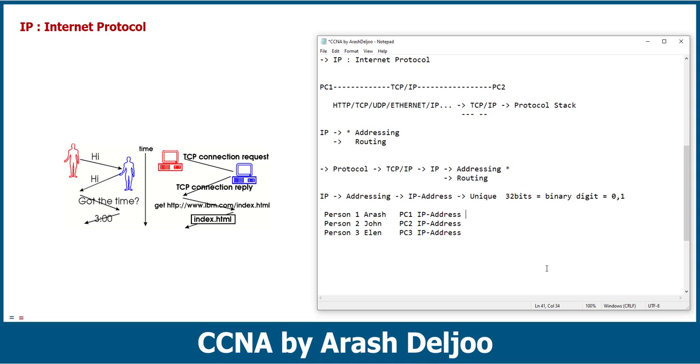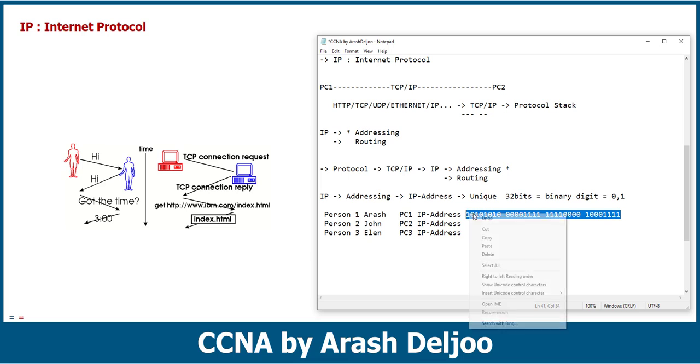For example, this is only one example: 1010 1010, then 0011, then 0110, and so on. This is only one example. And then 1000, then 1111. This is the IP address. Why? Because here, as you can see, we have 32 bits.